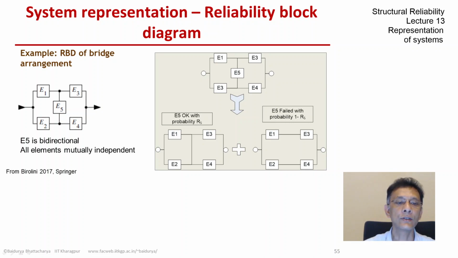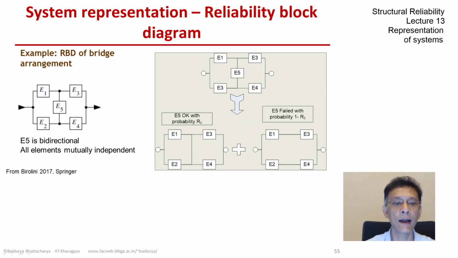So this gives us the two simpler systems that you see on your screen on the left, where because E5 is working for sure, that has been replaced by just a simple link, and on the right, E5 has failed for sure, so that has been eliminated completely.